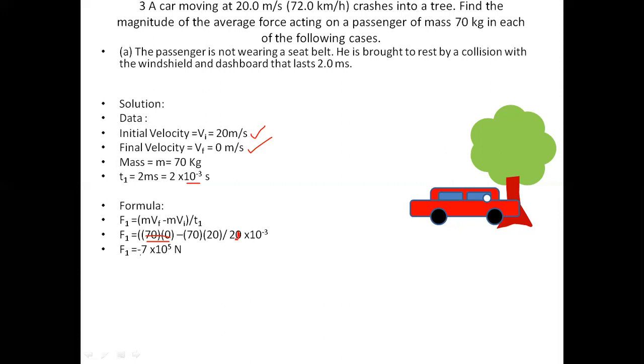So our answer of force is going to be minus 7 into 10 to the power 5. So what does minus mean? That means it is the force exerted on the windshield, and it basically responds back, and that is the force.